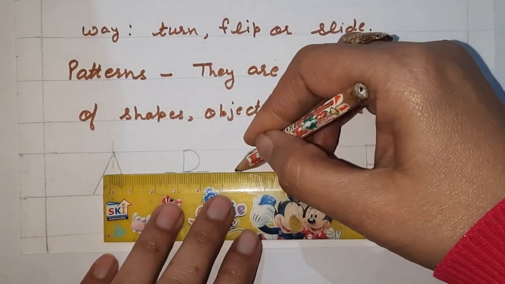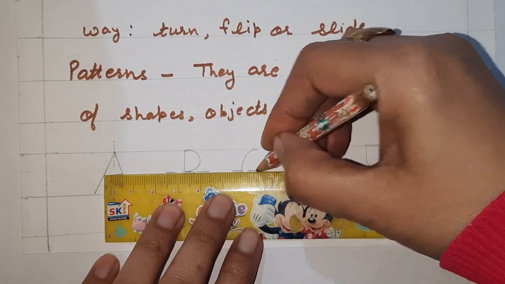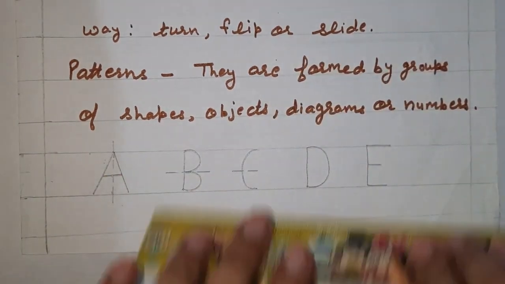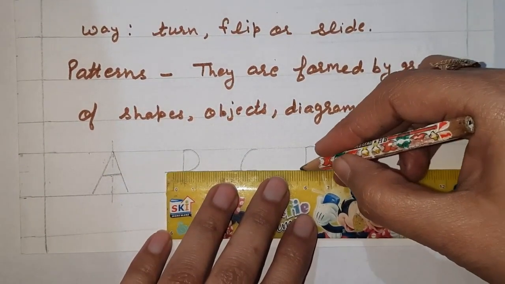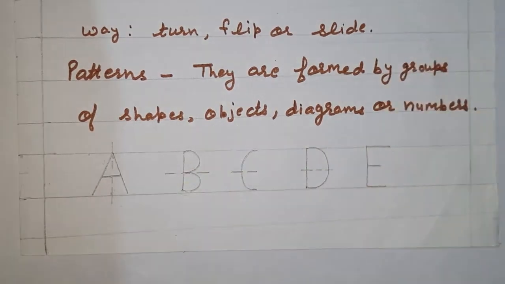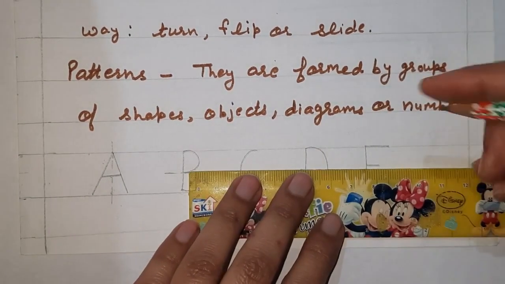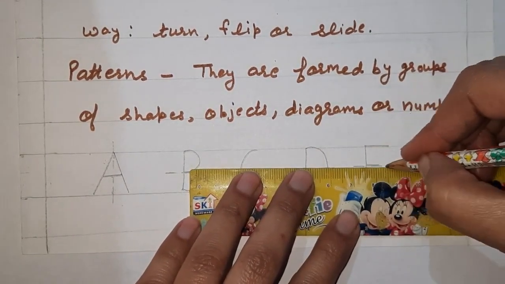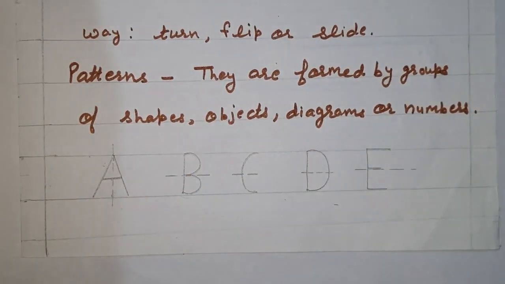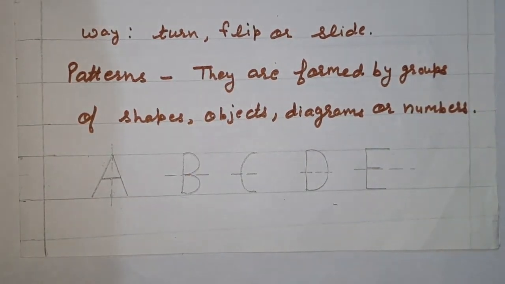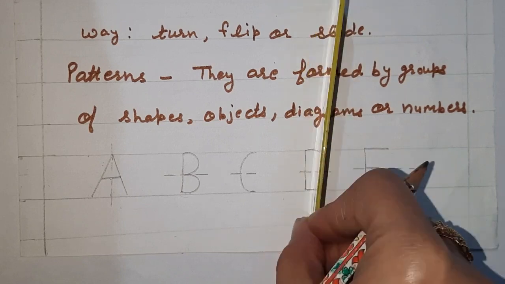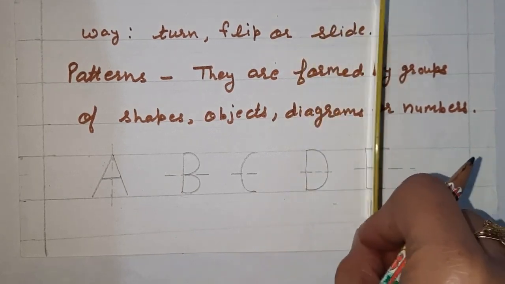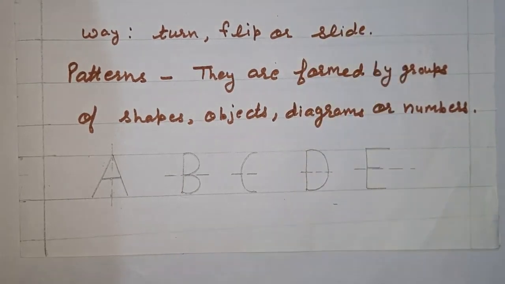Similarly, C has 1 line of symmetry. D also has 1 line of symmetry. E, 1 line of symmetry. This is not a line of symmetry here. Here also. Got it?